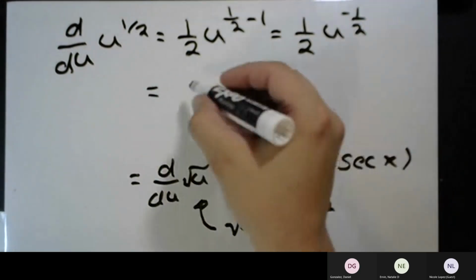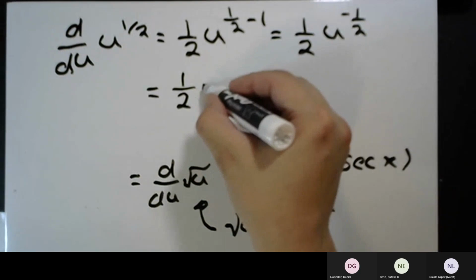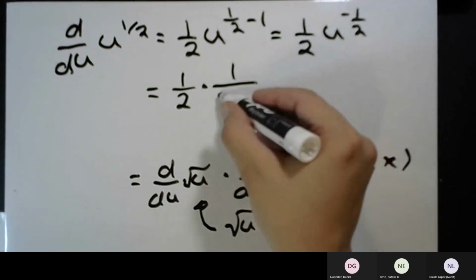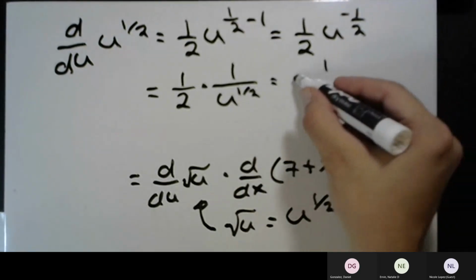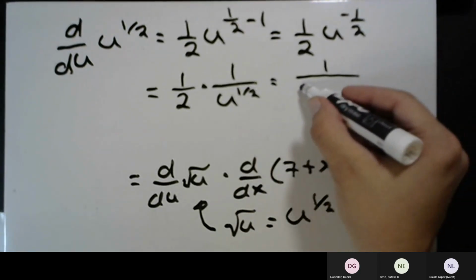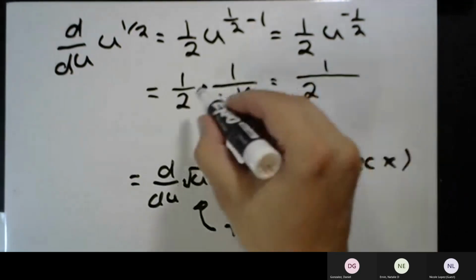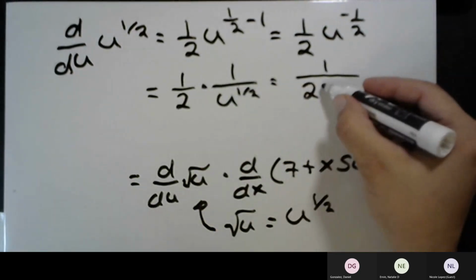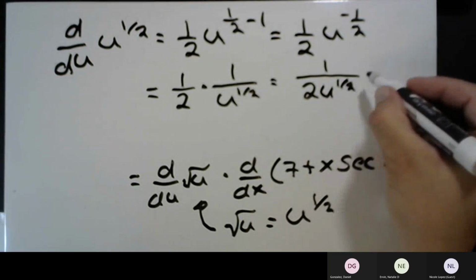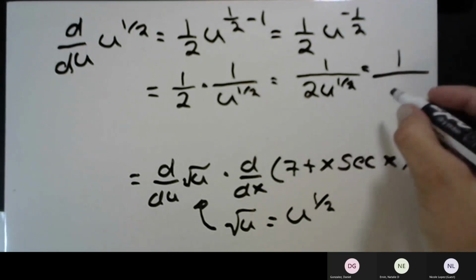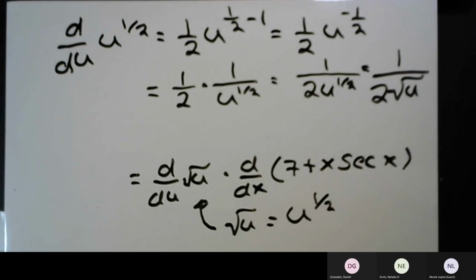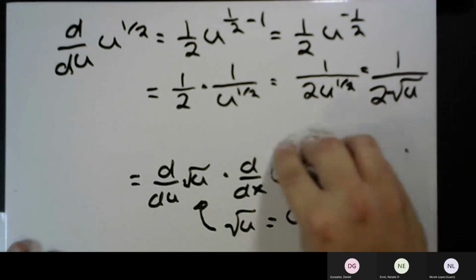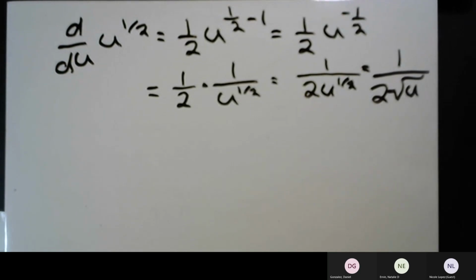And that's going to be 1/2 times 1 over u to the 1/2, or 1 over, and we'll multiply. 1 times 1 is 1, 2 times u to the 1/2 is u to the 1/2, or we'll just call it 1 over 2 root u. So that gives us d du of u to the 1/2.